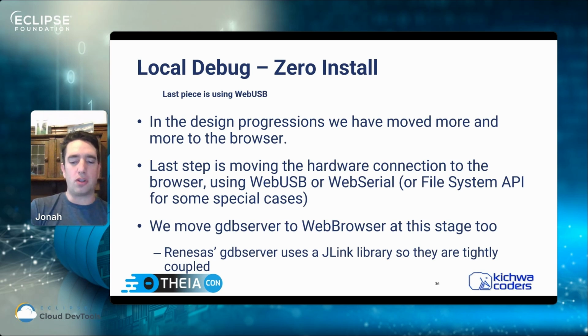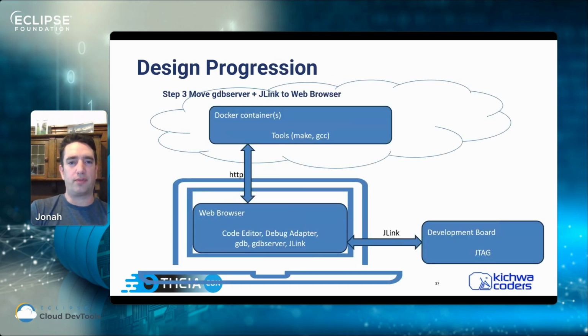So we pulled those in as one step. So that's what this looks like in a graphic. We still have this stuff running in the cloud, but on the computer, we no longer have the part of the picture with a local install. All of the code is running in the local browser, and the web browser is connected using WebUSB directly to the development board.